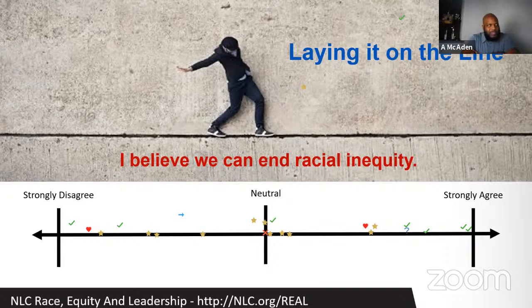I'm down on that end because in my view, the disparity of racial equity is so strongly ingrained in our society, and it has permeated so many generations that it's going to take, in my view, generations for it to neutralize or get to any point where you can say that it is ending.